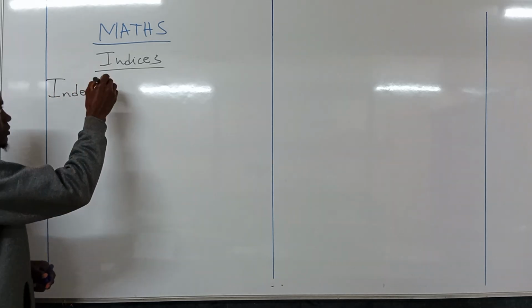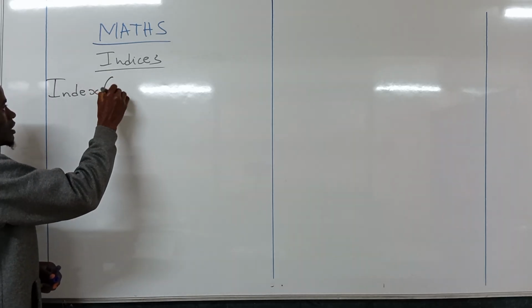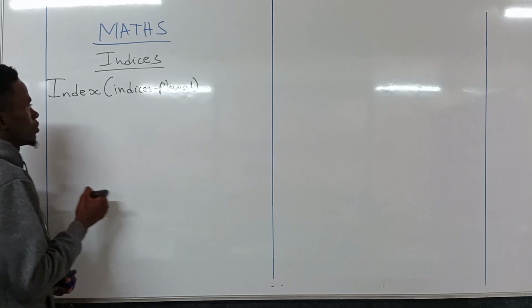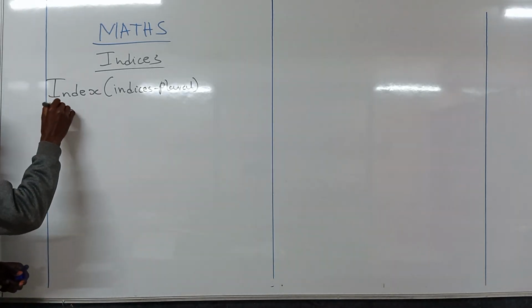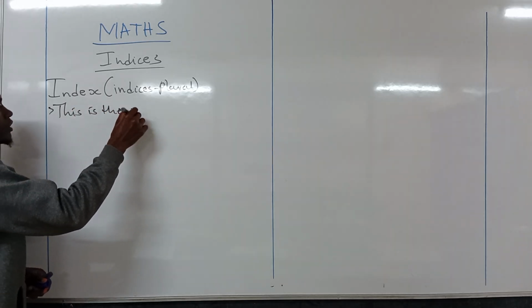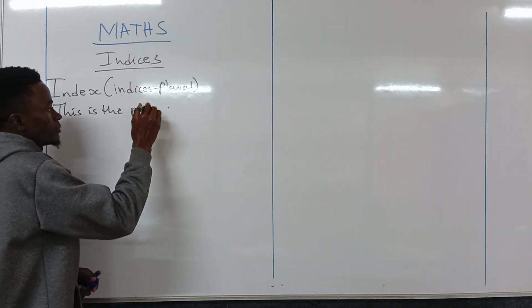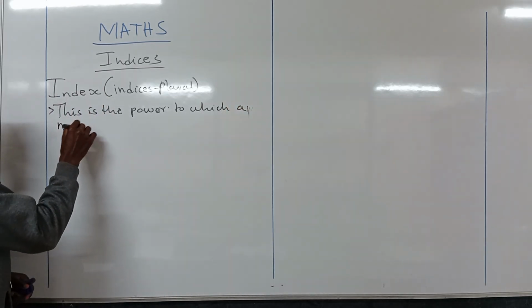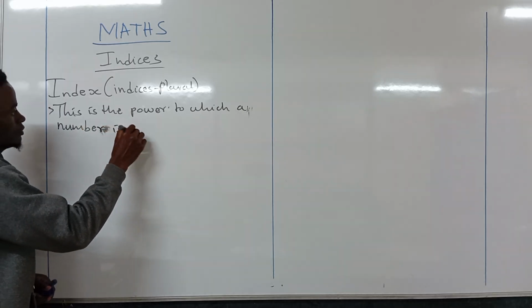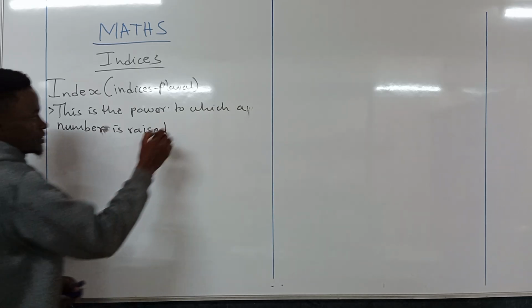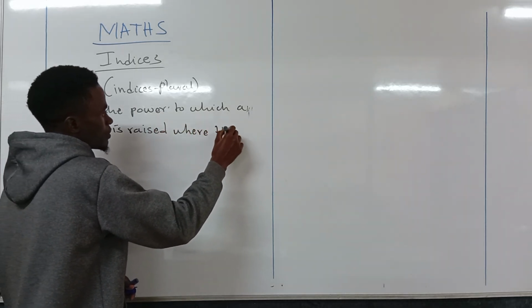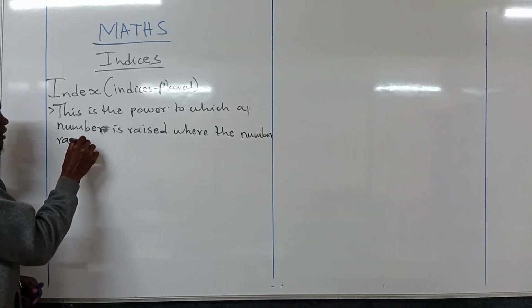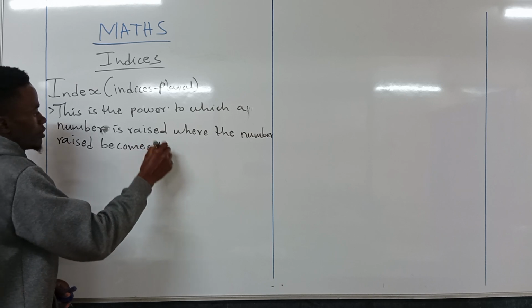An index is a number, the power to which a number is raised, where the number that is raised becomes the base.